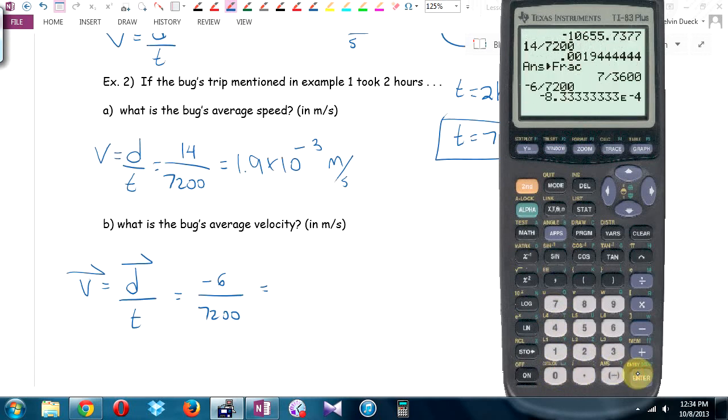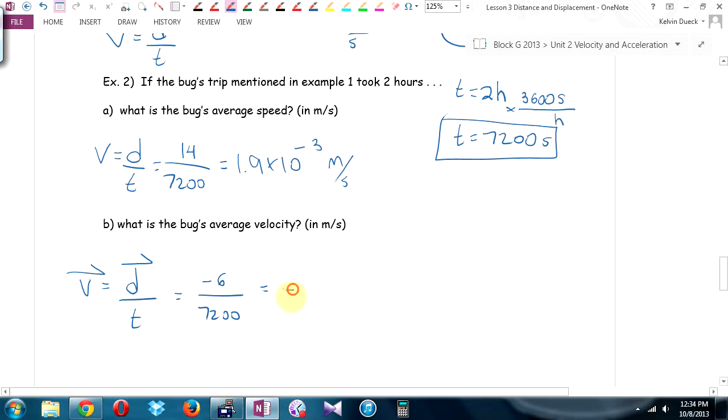And I get negative 8.3 times 10 to the negative 4. Or you could say 8.3 times 10 to the negative 4 meters per second to the left.